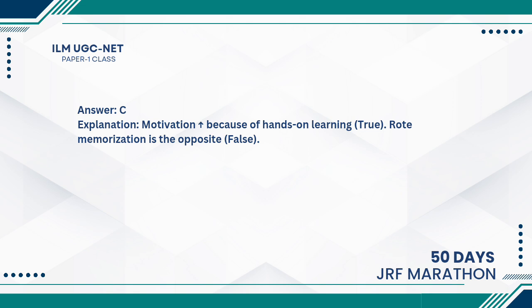That is correct, because motivation increases when there are hands-on learning experiences happening. So that statement is true. Now, they allow students to learn only through rote memorization. So rote memorization is just the opposite of activity-based learning. So second statement is false. So first statement is true and second statement is false.